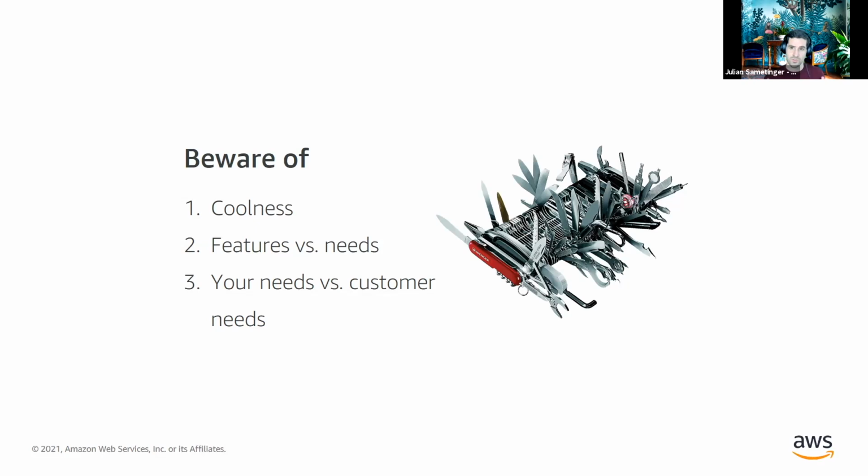They just want to store the pictures of their wedding and their kids or whatever in a safe and secure manner. So always try to understand whether, for your customer, features or needs matter. Usually the needs matter more than the features, except if you're selling to a technical buyer and they specifically want a list of your features.